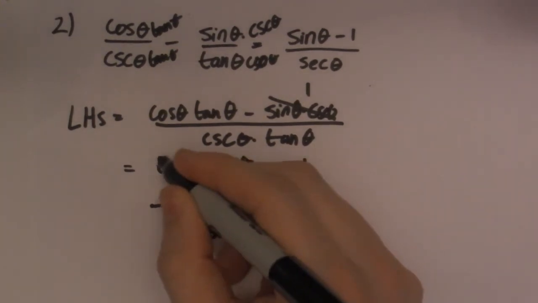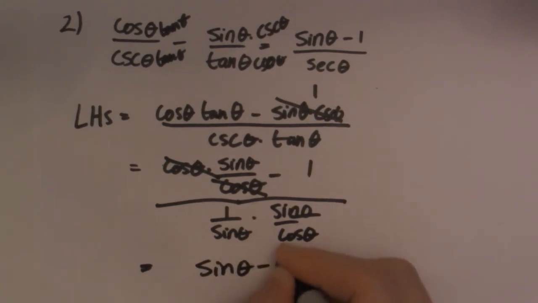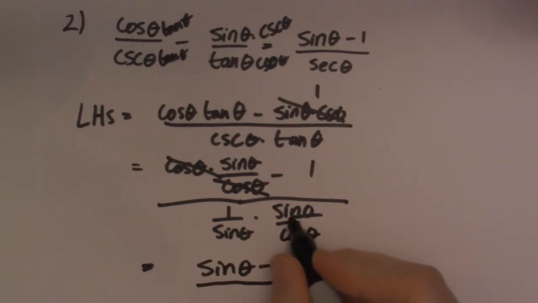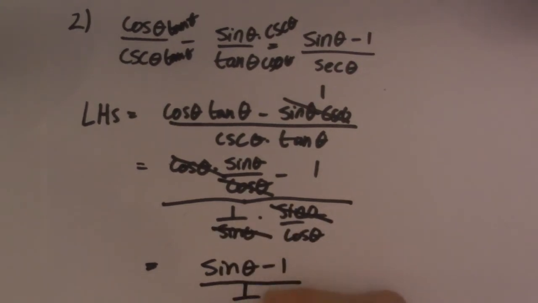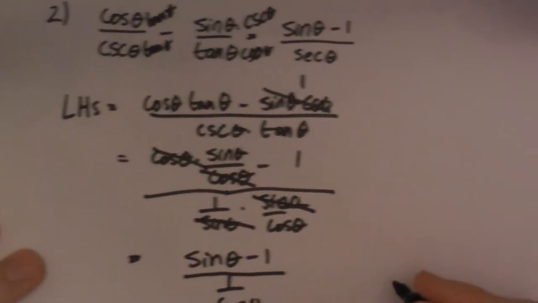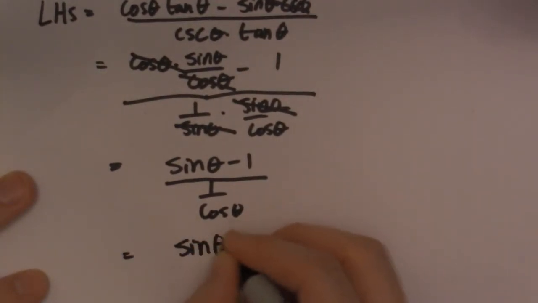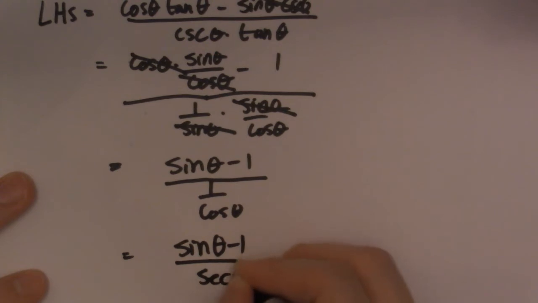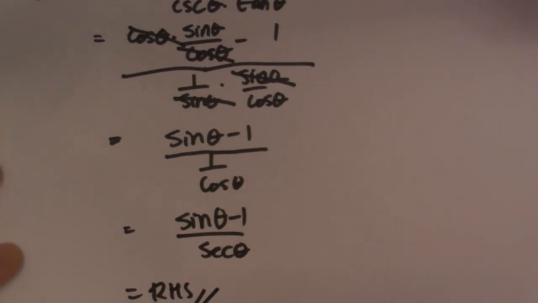You can see the coses cancel, and on top I'm left with sine theta minus 1. On the bottom, my sines cancel, and I get 1 over cos. Now 1 over cos is the same as secant. So I'm left with sine theta minus 1 over secant theta, which is equal to the right hand side. So there it is, guys, another proof done.